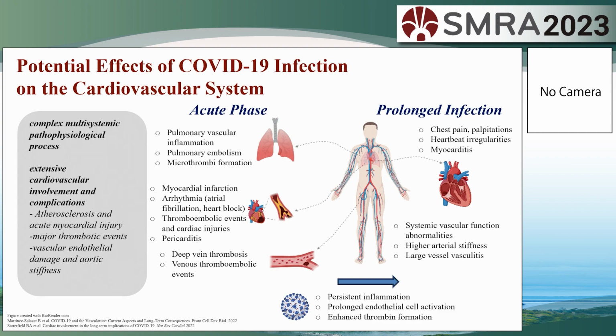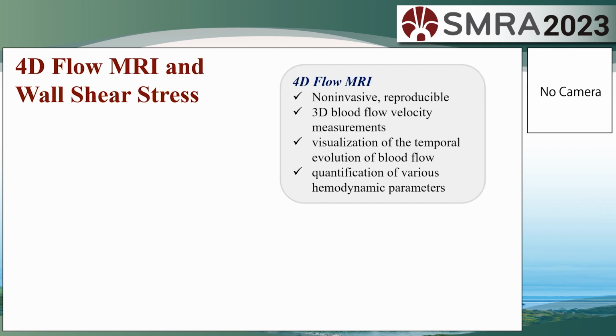During the acute phase, we may see myocardial infarction, arrhythmia, and pericarditis. During the chronic phase, we may see systemic vascular function problems, higher arterial stiffness, and large vessel vasculitis as some of the effects of COVID-19 infection on the cardiovascular system.